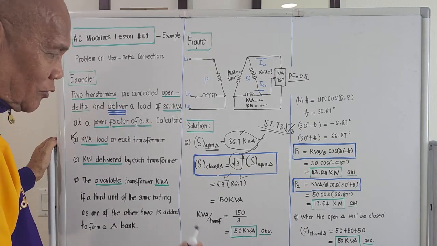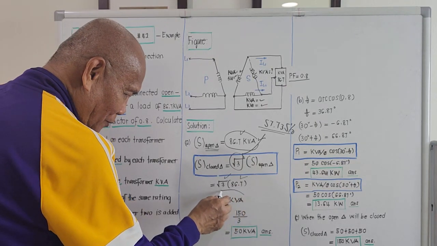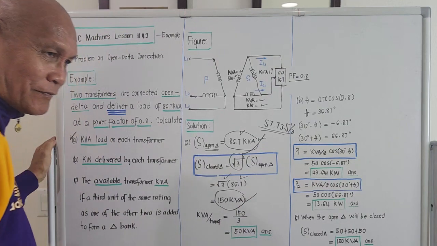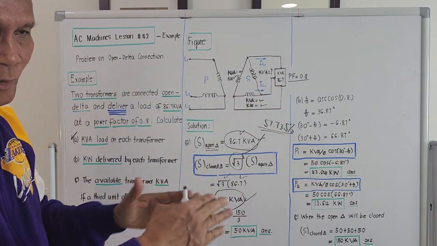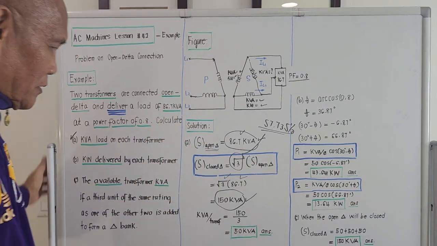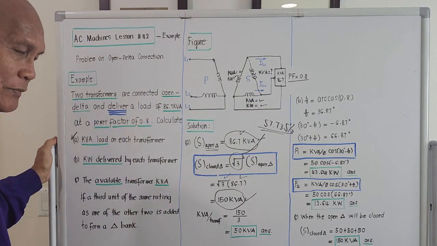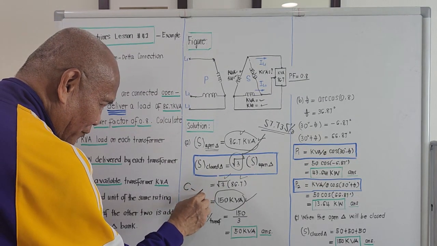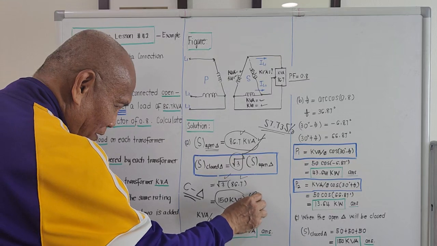So if the connection will be a closed delta, the total apparent power that could be delivered by it is actually 150 kVA. It's bigger than the 86.7 because it's a closed delta. There are 3 transformers now aiding each other. So if we try to compute the kVA load of each transformer, taking it now as closed delta, there are 3 now, and they could deliver 150.